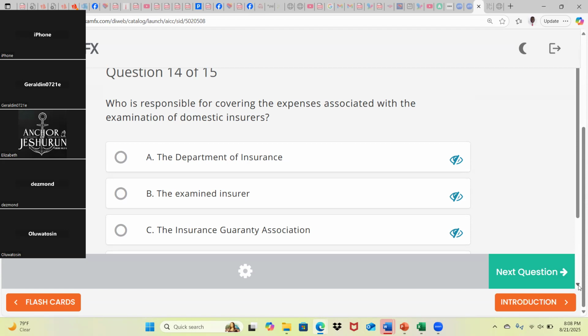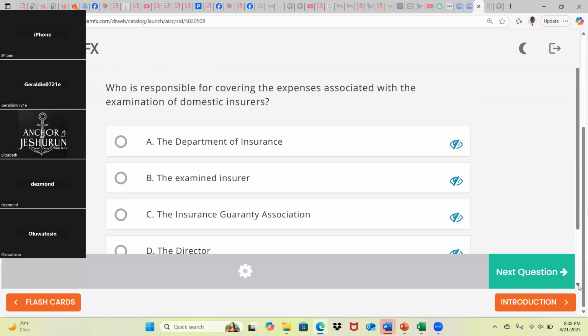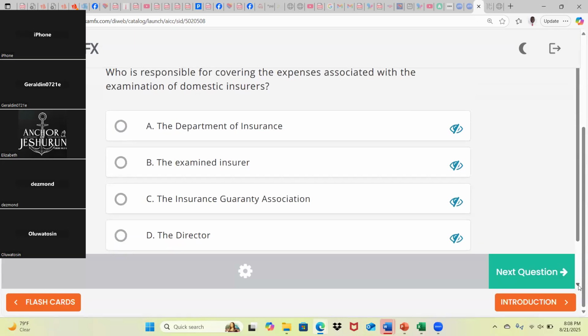C, guaranty association. Can we see D? D, the director. Okay. Who is responsible for covering the expenses associated with the examination of a domestic insurer? The examined insurer. B. All right. Let's go with that and see.